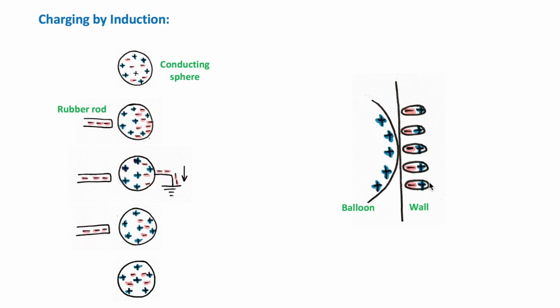And so the attractive force between the positive and negative charges is larger than the repulsive force between the positive charges, and this will result in a net attractive force between the balloon and the wall.